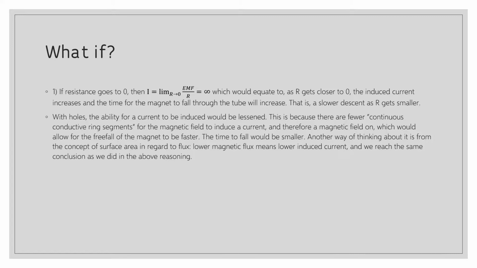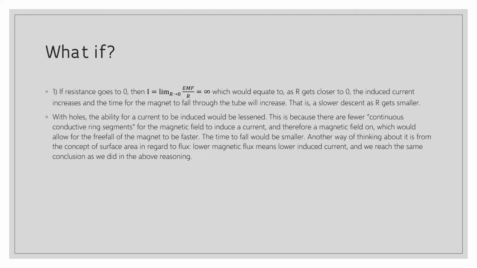With holes in the tube, the ability for a current to be induced would be lessened. This is because there are fewer continuous conductive "ring segments," I have those in quotes. If you think about it as we did our calculation, where it does pieces down the tube, I would consider each piece of size dy to be one continuous ring segment.